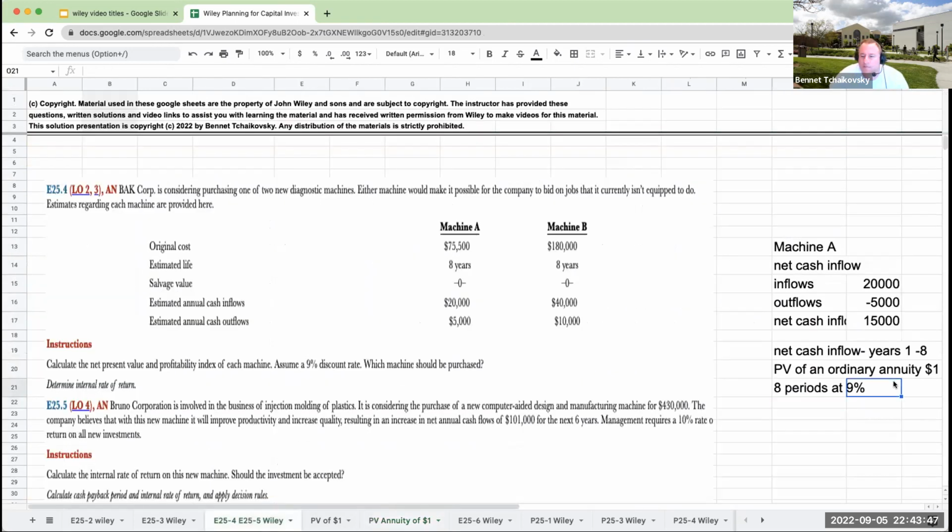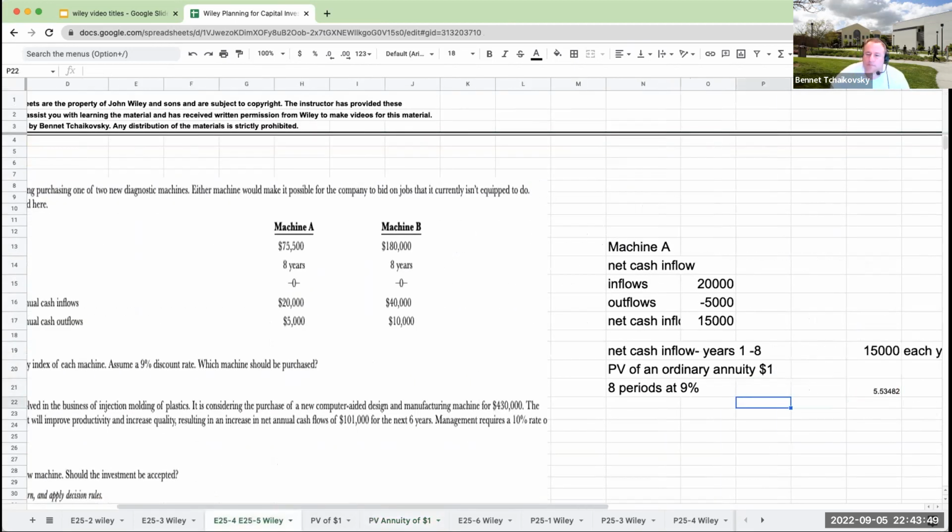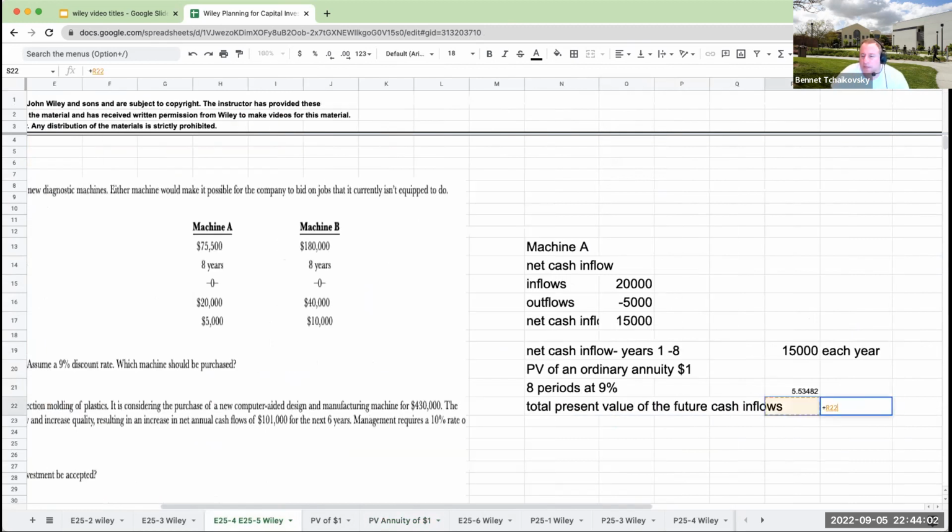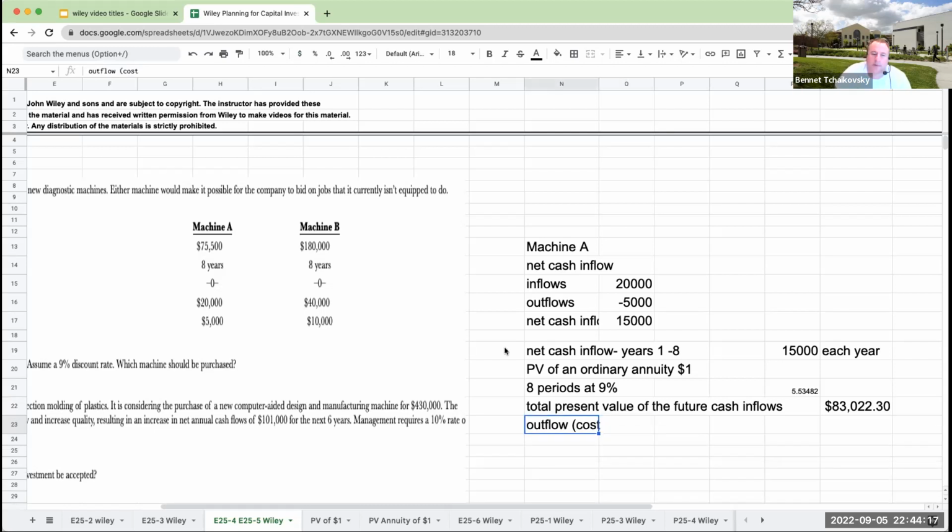So the total present value of the future cash inflows is going to be 15,000 times 5.53482, or 83,022. Now my outflow is my cost, and my cost over here is going to be 75,500.